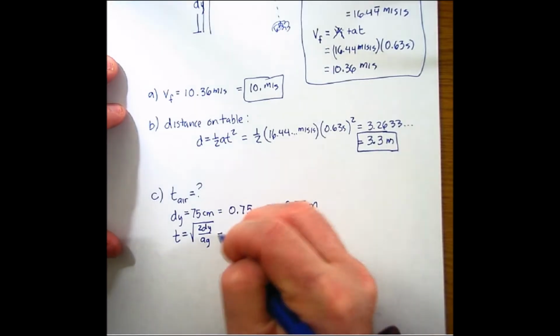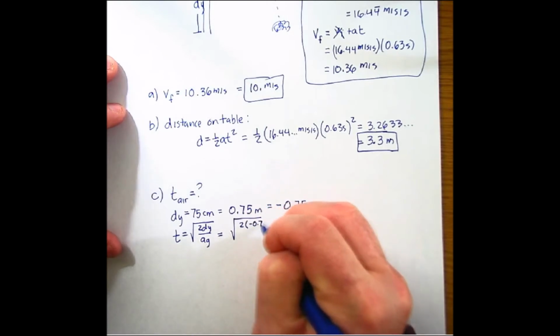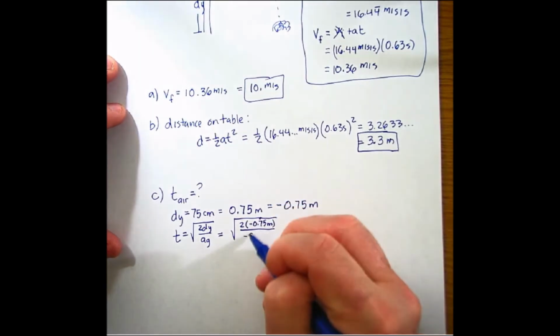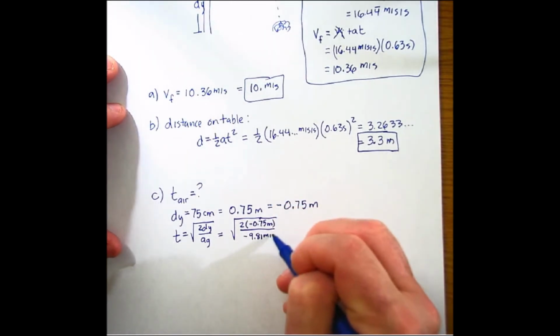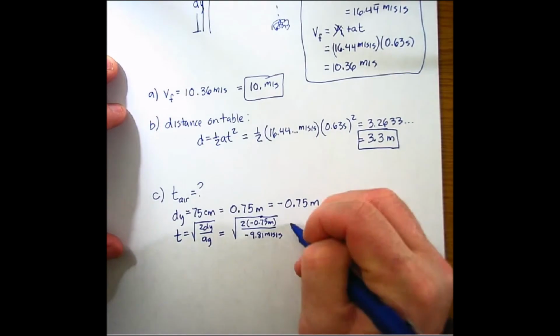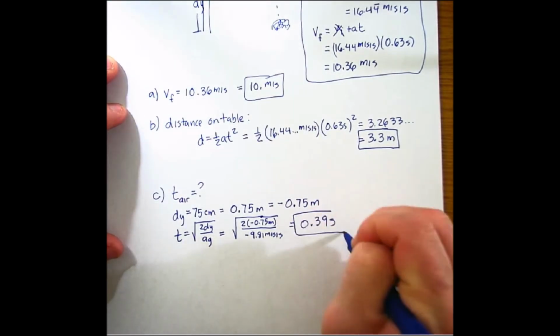So I'm going to say 2 times negative 0.75 meters divided by negative 9.81 meters per second per second. When I do that math, I get 0.39 seconds. That seems like a pretty reasonable answer for me.